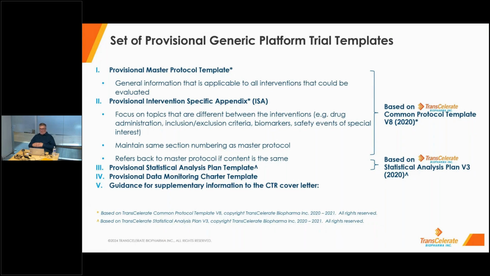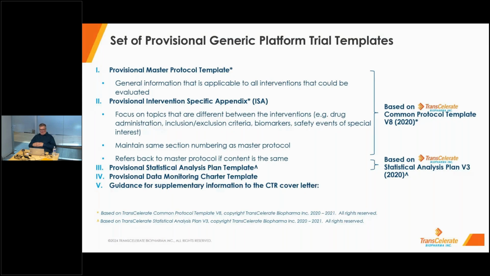For example, drug administration, inclusion and exclusion criteria, specific biomarkers that are related to safety or mode of action, as well as safety events of special interest. And these two templates form the basis of the common protocol template from TransCelerate version 8 in 2020.